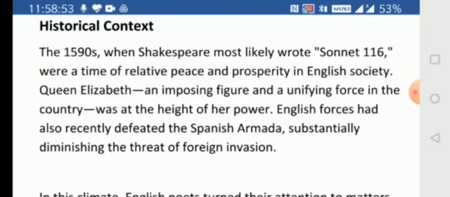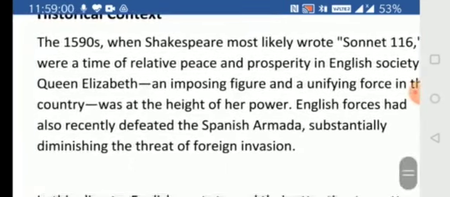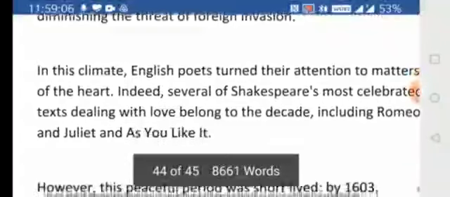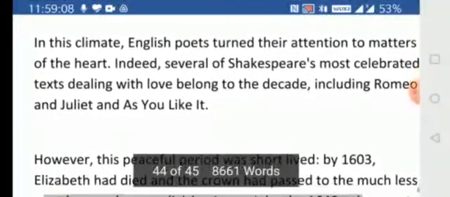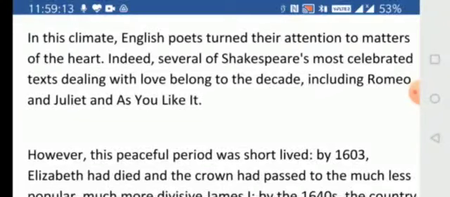English forces had also recently defeated the Spanish Armada, substantially diminishing the threat of foreign invasion. Diminishing meaning reducing. In this climate, English poets turned their attention to matters of the heart.